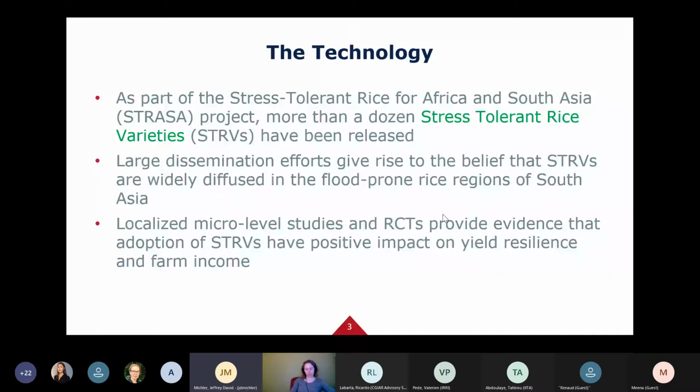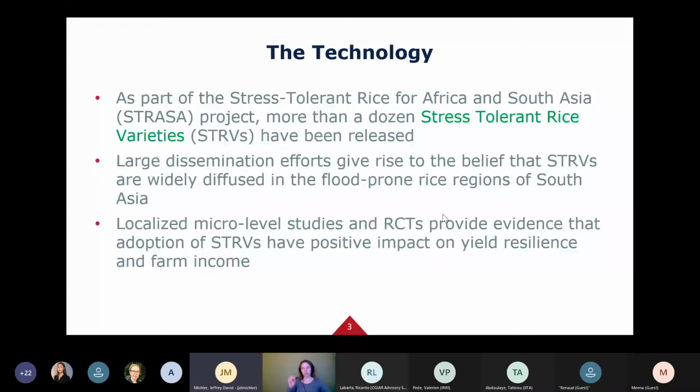There's a lot of money poured into the Strasa project. A lot of successful genetic gains were achieved in the project. Developed flood-tolerant rice varieties, cold-tolerant rice varieties, drought-tolerant rice varieties.